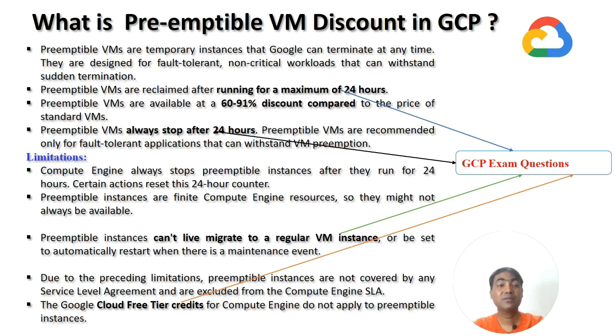They are not recommended for mission-critical applications. Preemptible VMs are commonly used for tasks like batch processing, data analysis, rendering and other short-lived non-critical workloads.